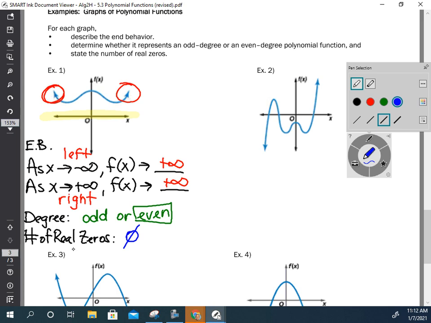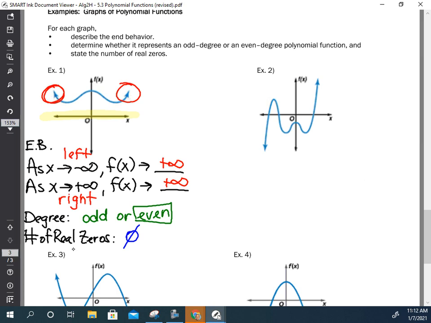There you go, zero. So you just answered all three questions. What is the graph doing? What is the degree? And how many times does the graph touch the x-axis? Any questions before we do example 2?